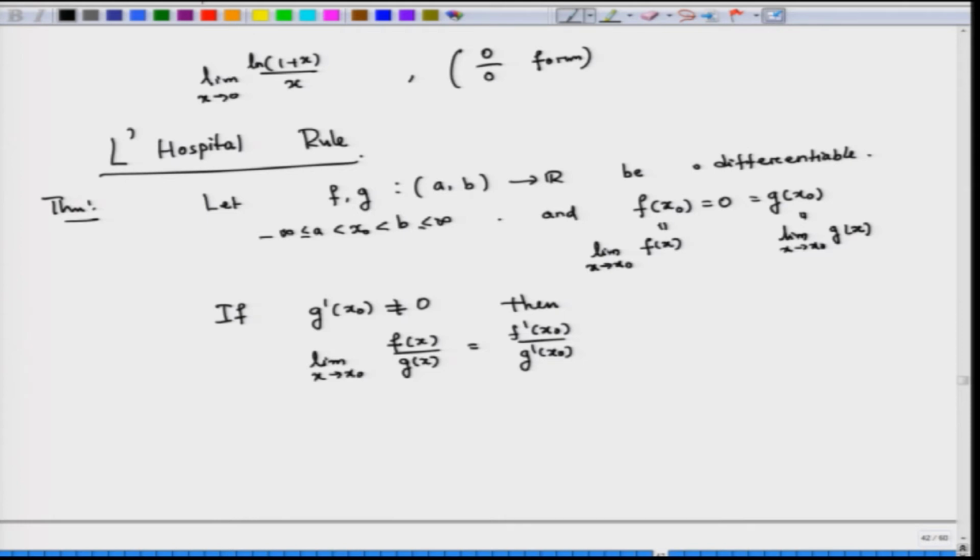So, g prime of x naught is well defined because it is not equal to 0. So, the ratio we can take.